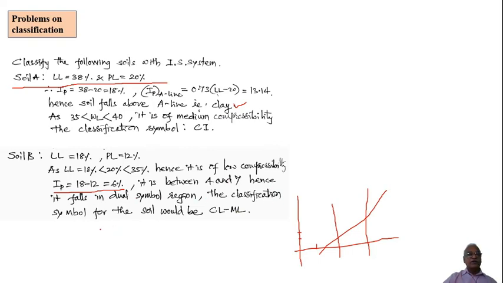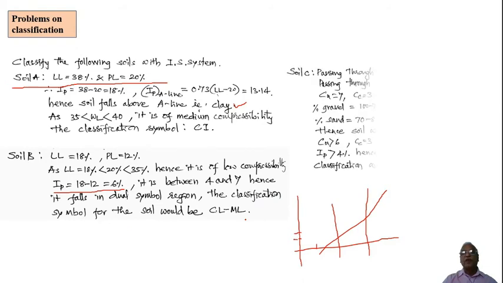The soil classification symbol will be CL-ML. You know that there is a hatched region here indicating CL-ML for values between 4 and 7, so it is in that region. So the soil is classified as CL-ML.